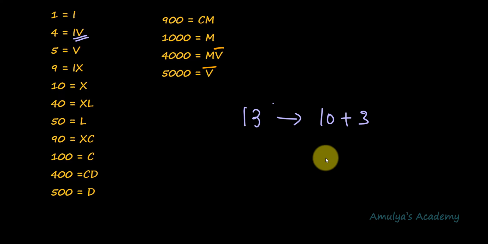So for 10 we need to use X, and for 3 we need to use three times I. So this is 13. If I want 14, that is 10 plus 4. So here 10, and you need to represent 4. To represent 4 we'll use this. So that is 14.